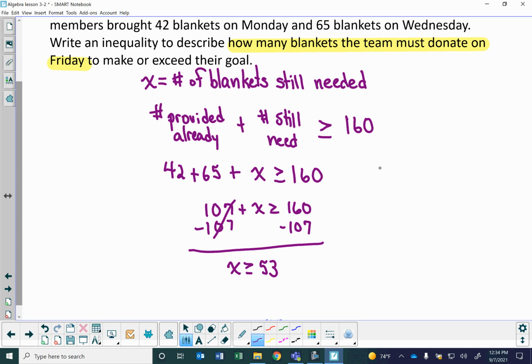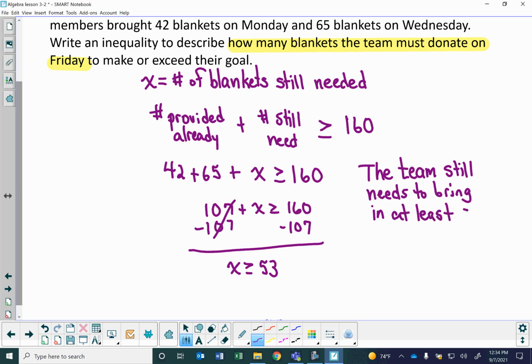Okay? So remember, it's a word problem, so we have to write it in a complete sentence. So the team still needs to bring in at least 53 blankets.